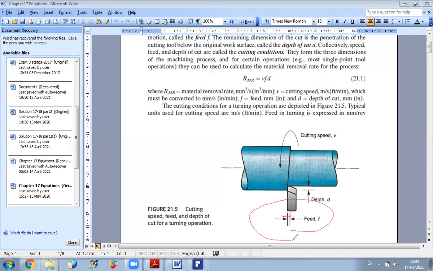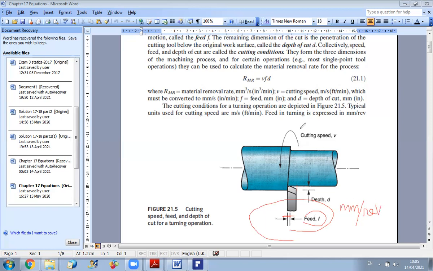The feed in general is given in millimeter per revolution, and you can convert it to millimeter per second. Each complete revolution of the work part, your tool will do a small translation, and the rate of translation can be calculated as the distance moved per revolution.